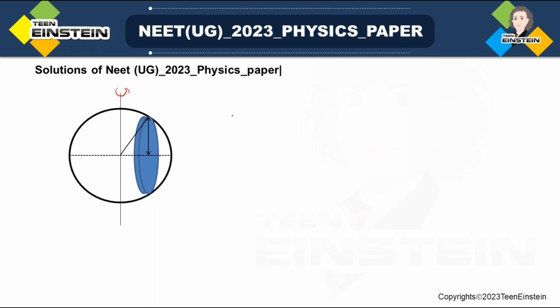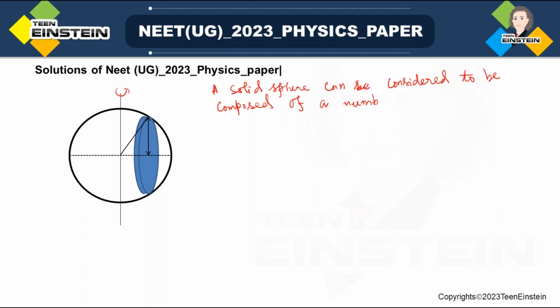Now what we can see is that a solid sphere can be considered to be composed of a number of disks.